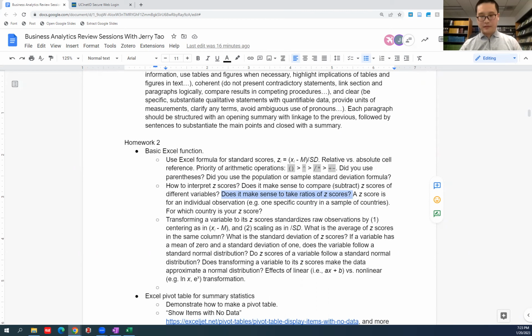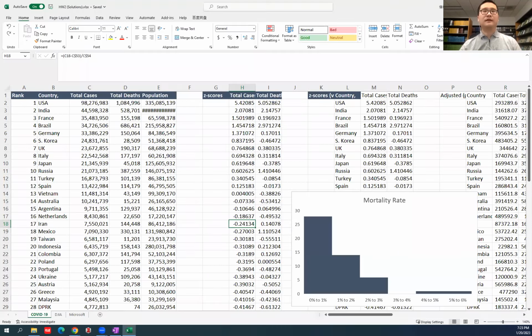For example, for total cases, the only chance that we observe the same z-score is if the two countries have the same raw number of total cases. The values used to calculate the z-score would all have to be identical. Yes. Got it. Thank you.